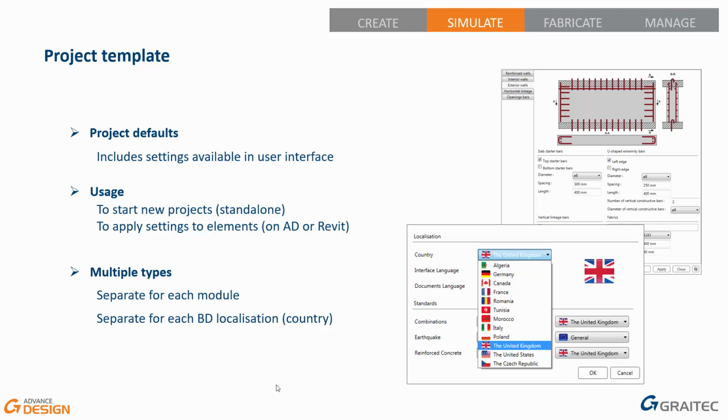You can apply these settings to AD, Advanced Design, or Revit, selecting from the menu the already created design templates. So you have design templates for each module, which means you can create a design template for beam, for column, for footing, wall, slab, and so on. And then you can just choose which one to use when you are doing your design.